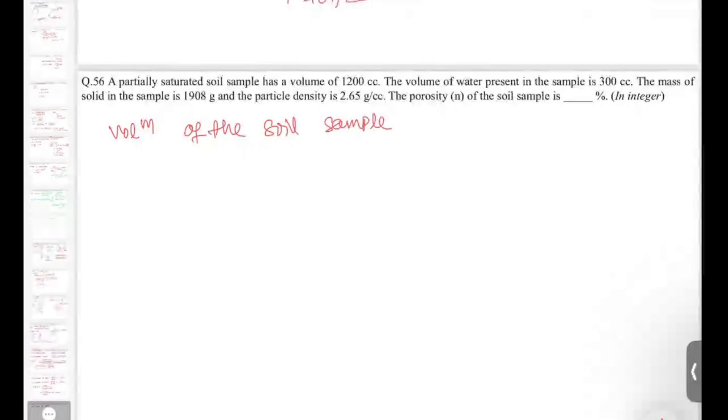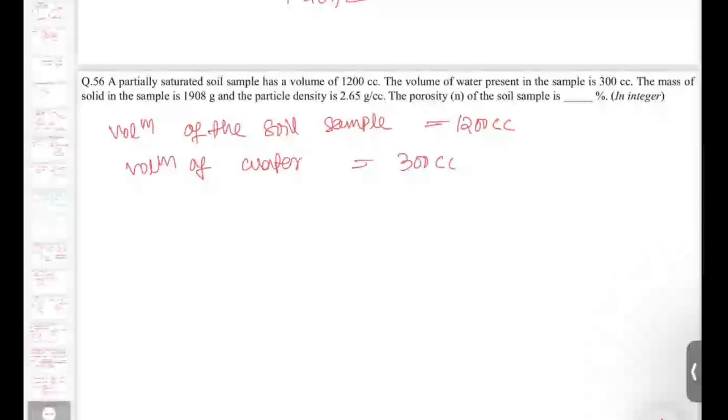Okay, so it is 1200 cubic centimeter. Then the volume of water is given as 300 cubic centimeter.